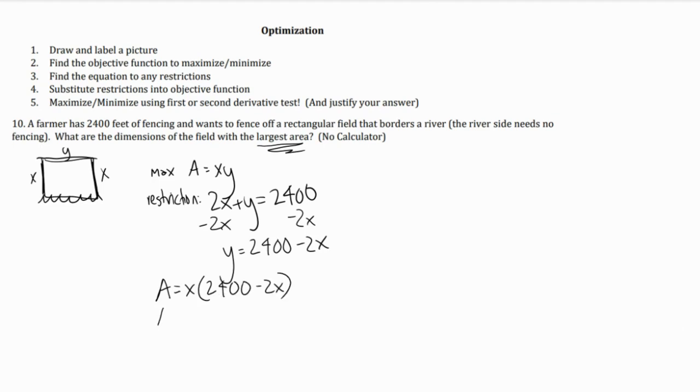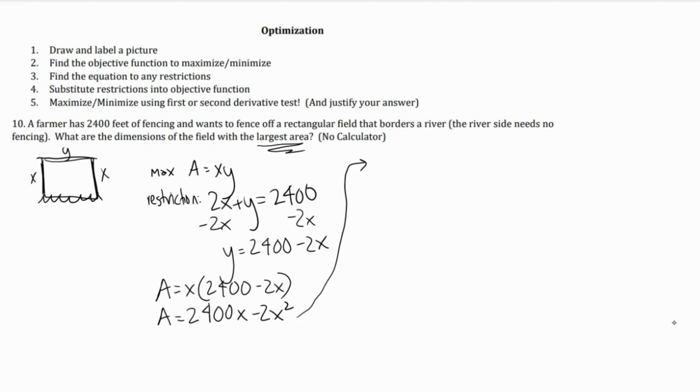And then this is where we are going to use calculus to, again, what are we trying to do here? Maximize. So we need to find the maximum. How do I find the maximum of a function? Well, I've been practicing first and second derivative tests. So let's find my candidates by finding the derivative.